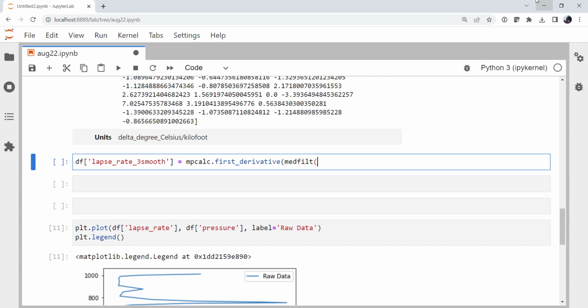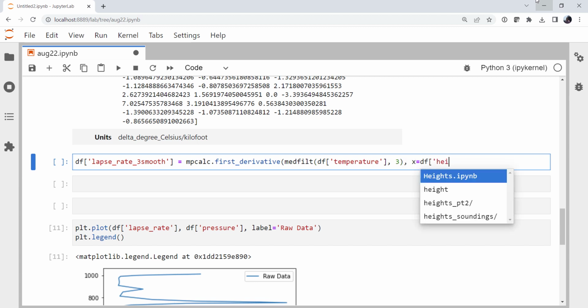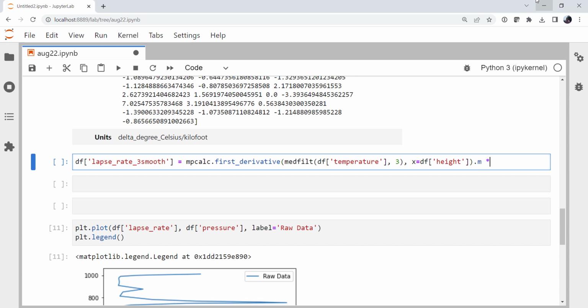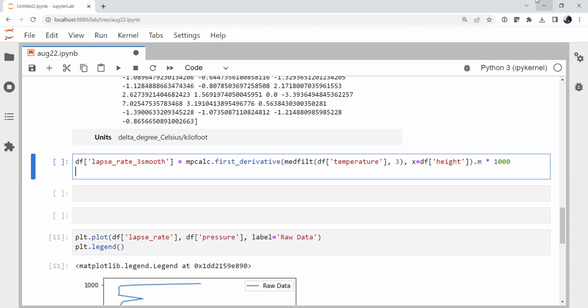I'm going to median filter my temperature data with a 3-point filter. x is still our height. And we need to take the magnitude of that because the units are going to get a little bit confused here, unfortunately. Multiply by 1,000. That gets us our degrees per 1,000 feet.